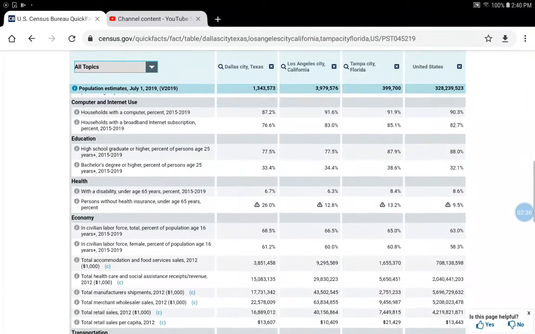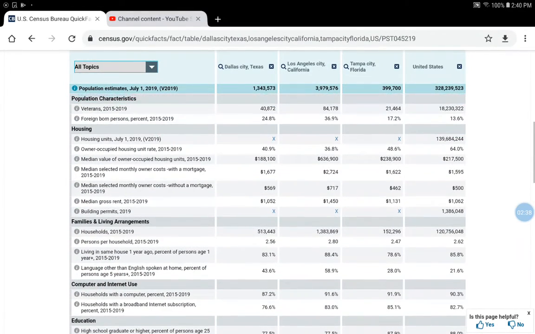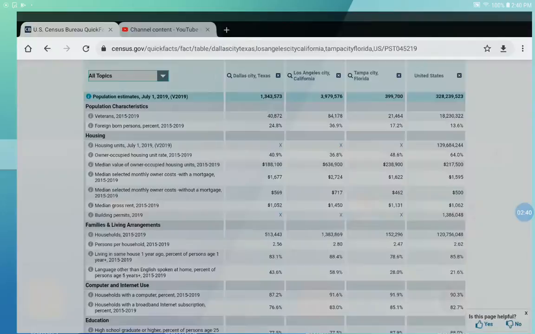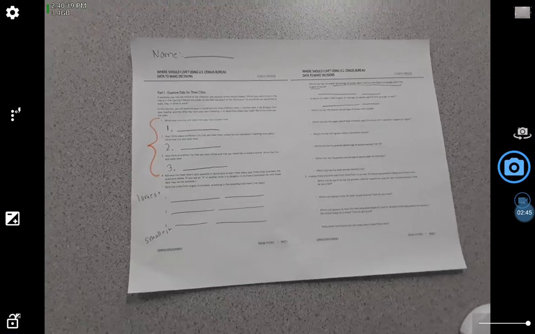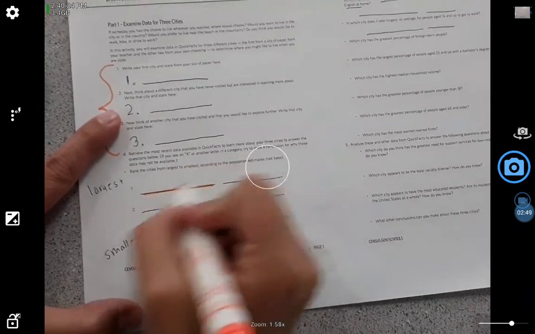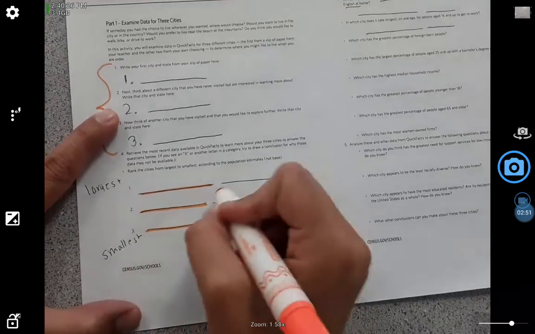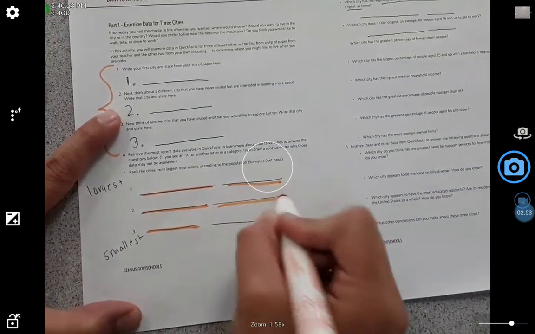There's a lot of information here, but the template actually guides us through specific things it wants us to answer. Looking back at the template, you're going to fill in the cities here in order from largest to smallest along with the population that you found in the chart. And then moving over here, you're going to go through and answer the questions.